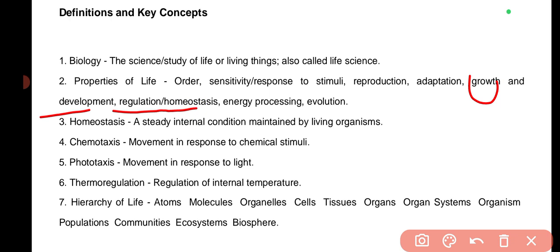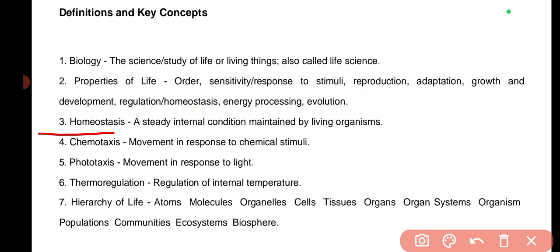Then regulation and homeostasis, that is our ability to maintain a fairly constant internal environment. Energy processing, that is through respiration, where our body breaks down macromolecular food substances to release energy. Then evolution, a gradual change over time in an organism, or over a long period of time actually.